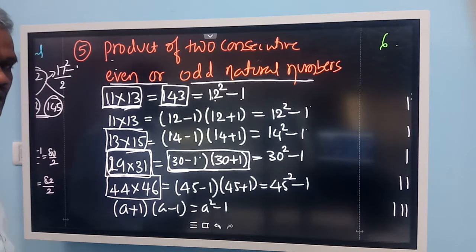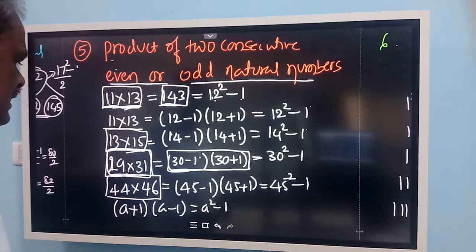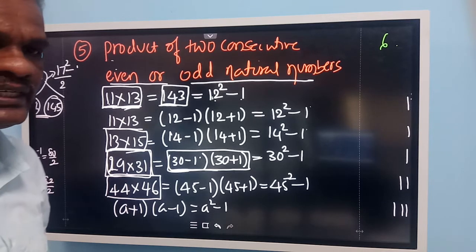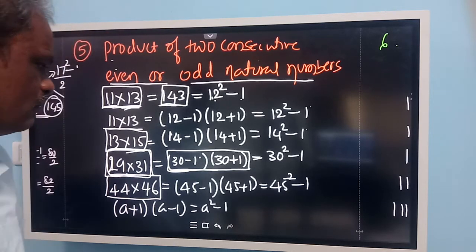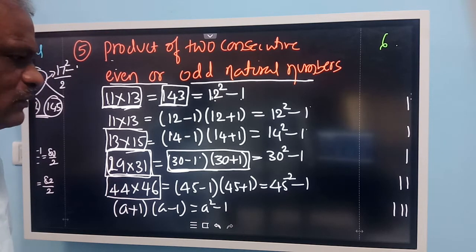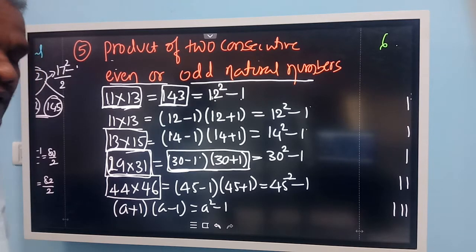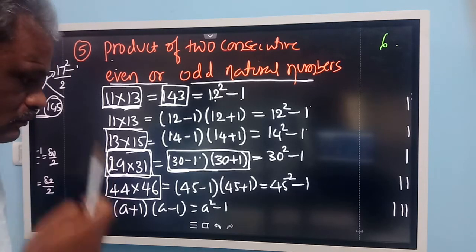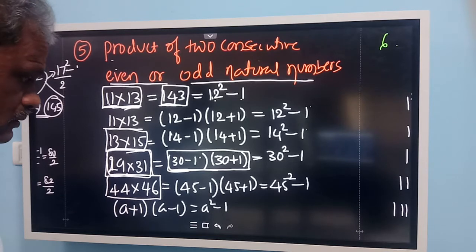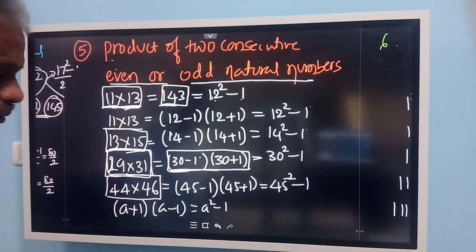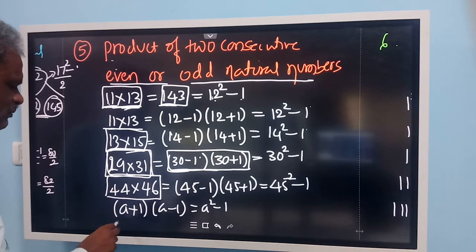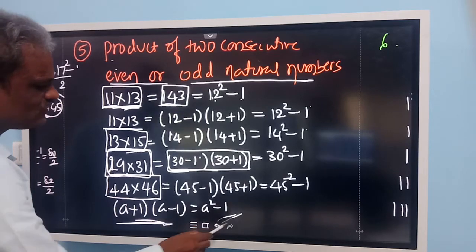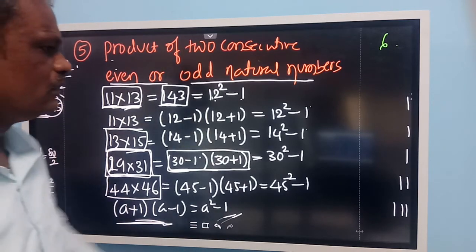Now I will give you one more: 47 and 49. 48 minus 1, 48 plus 1. Okay, 101 and 103. In general form, (a plus b)(a minus b) is a square minus b square. This is one pattern you got.